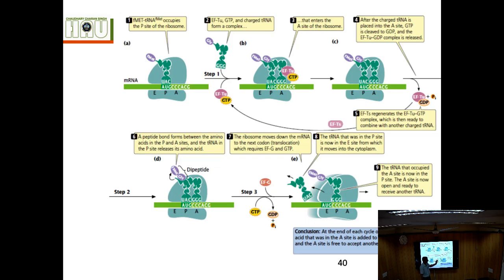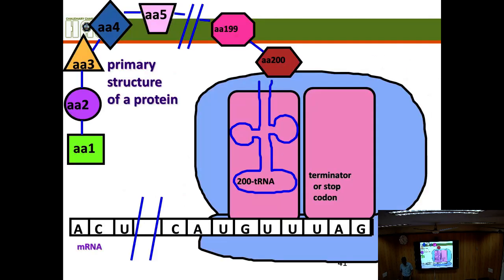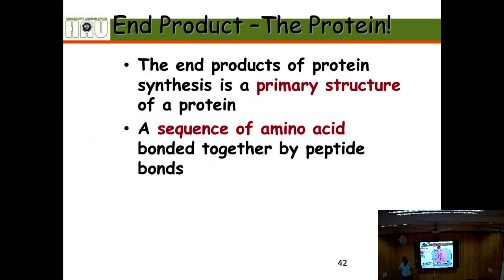When it translocates, the first charged tRNA exits through the E site, and the A site is again open, ready to receive another tRNA. That is the second step, elongation, and after this the third step is termination.